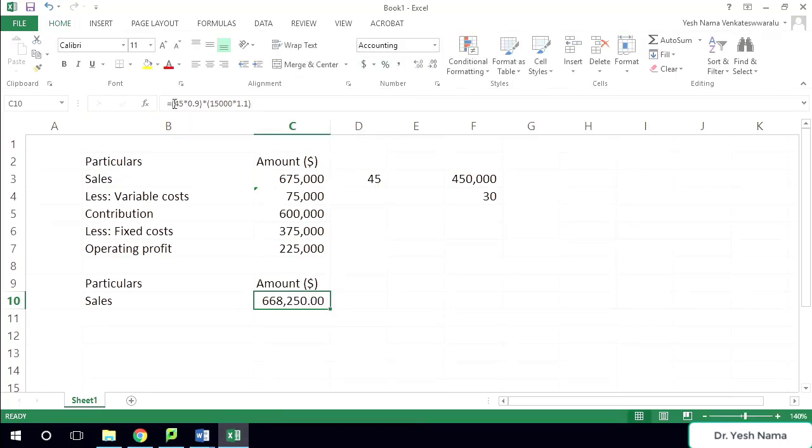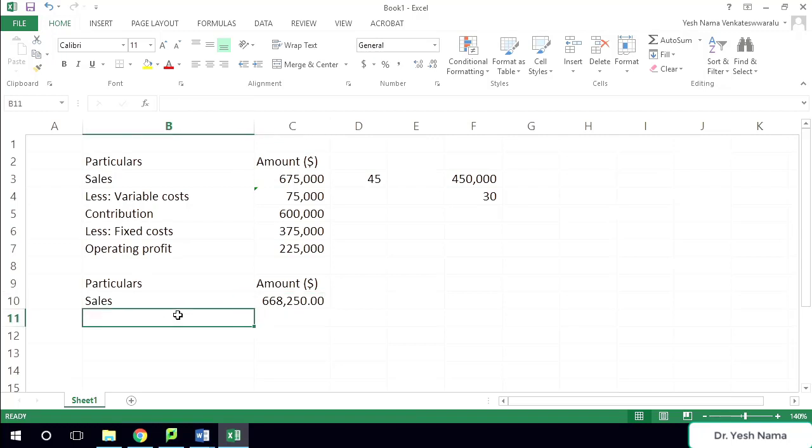How did I get this? 45, which is the selling price per night, times 0.9 because there's a 10% reduction in the selling price, times 15,000, which was the earlier number of room nights, times 1.1, which is a 10% increase in the number of room nights. So this gives us sales of 668,250. Less variable costs.